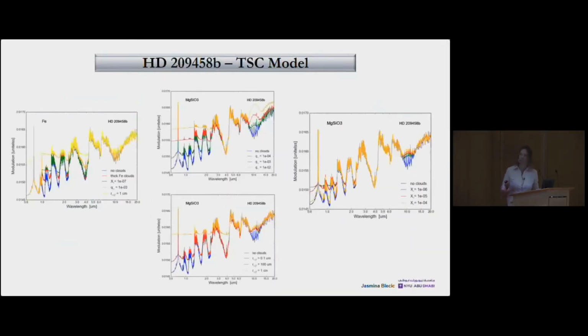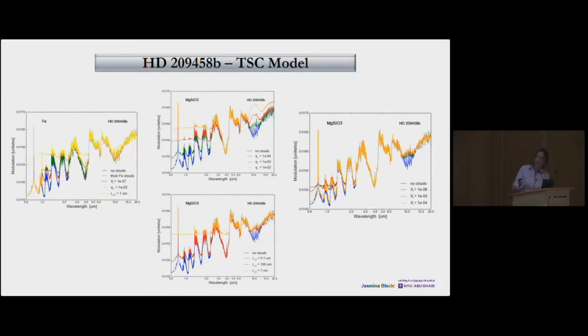Here I'm showing you the flexibility of this model, or how well we can actually model different spectra in exoplanets. I'm performing a forward model exploration for the iron and enstatite clouds, and I'm changing the particle size distribution and number density and the location of the cloud.